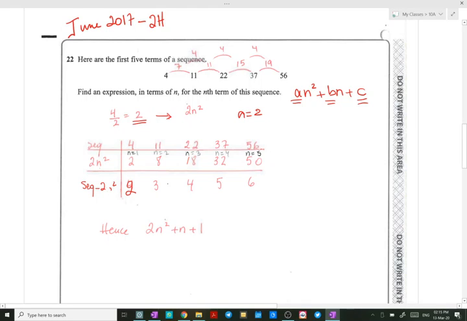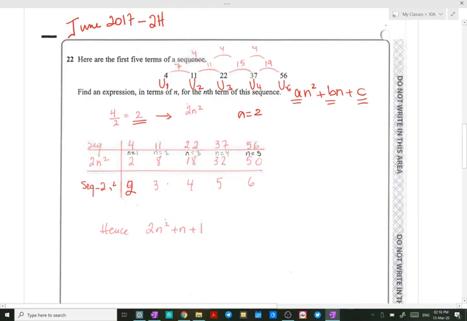So we start by writing the sequence as it's given to us. Then we calculate 2n squared. The first term is called u1, the second term u2, the third u3, and u4, and u5.